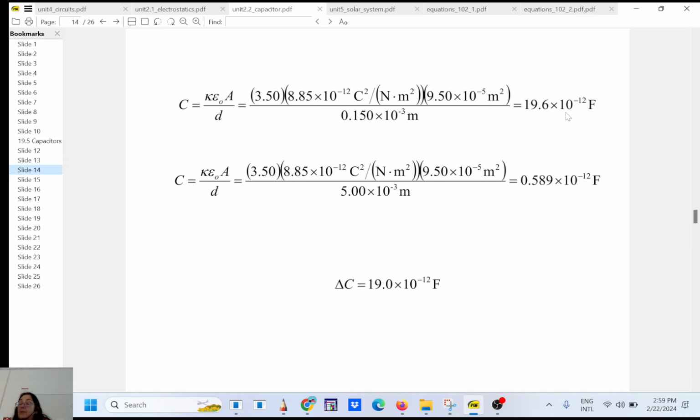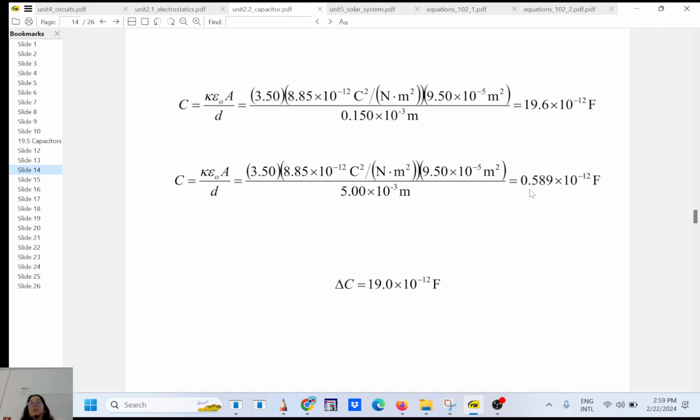You see? If here you multiply by 10, here you divide by 10. So if you want to put it in pico, divide by 10 to negative 12. See what you get. So 0.589 times 10 to negative 12.